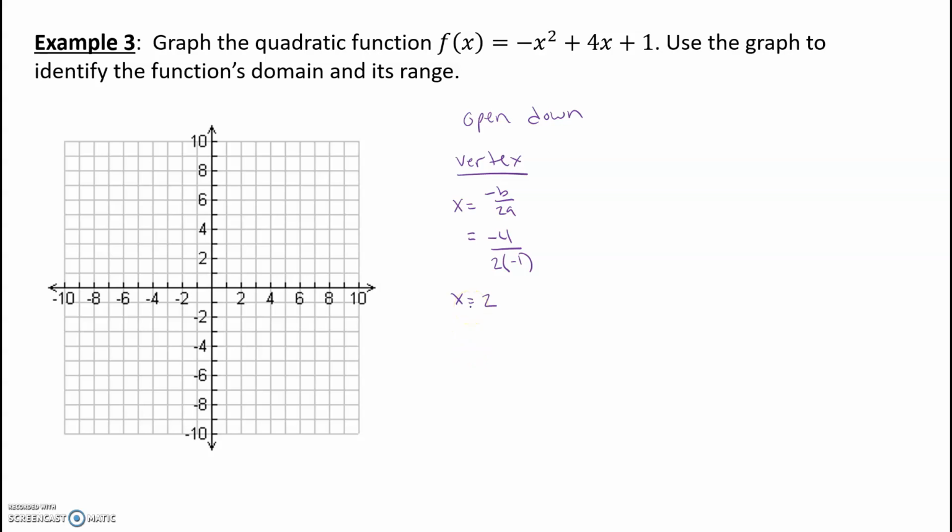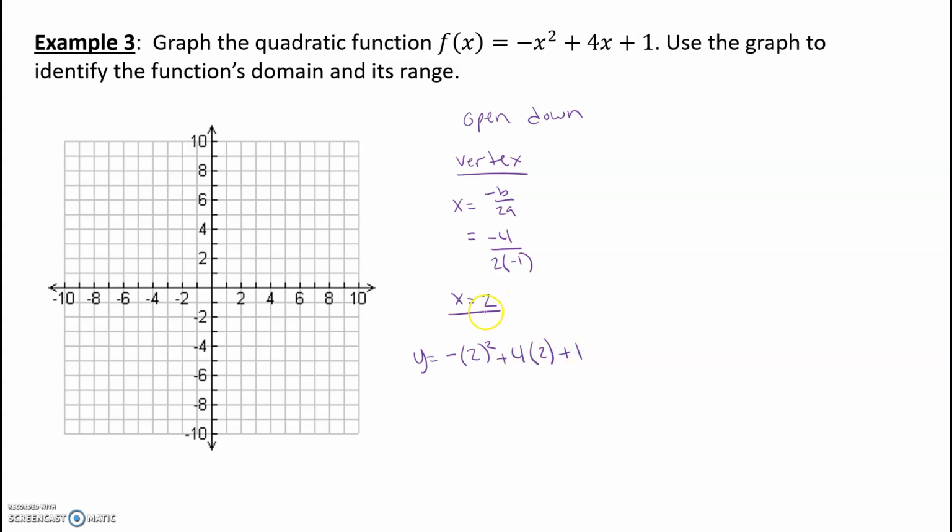But remember, your vertex has an x and a y coordinate, so we have to plug that in and find the y coordinate that goes with it. So y equals -2 squared plus 4 times 2 plus 1.